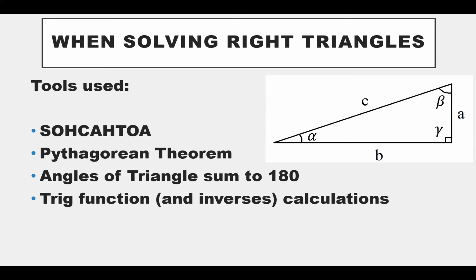The Pythagorean theorem, the fact that angles of a triangle add up to 180 degrees, and calculations with trig functions. When we're dealing with SOHCAHTOA, we want to be able to calculate sine and the inverse of sine.